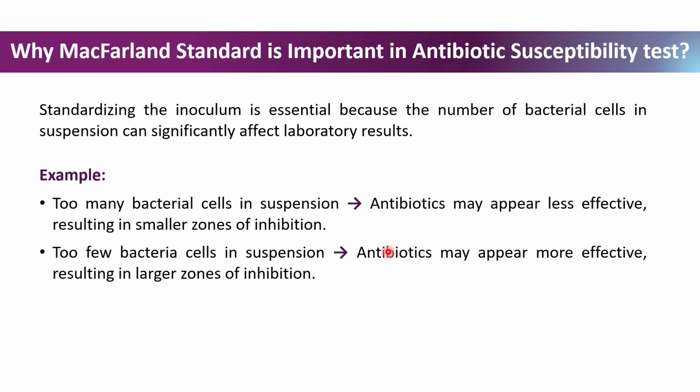And also, if too few bacterial cells are used, the antibiotics may appear more effective, resulting in larger zones of inhibition, which is also a false result. So it is always important to standardize our bacterial suspension with the correct McFarland standard, and in this case the 0.5 McFarland standard, to ensure reliable and accurate results in antimicrobial susceptibility testing.